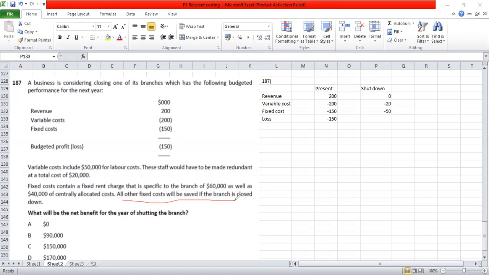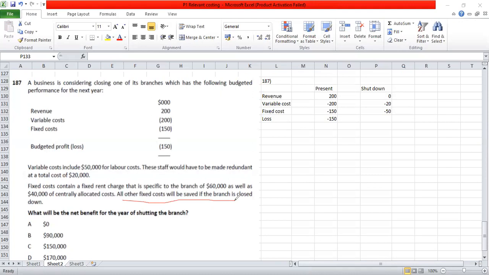All other fixed cost except the fixed rent charge and the centrally allocated costs. So these things will not be incurred, no? 60 plus 40 is 100. Out of fixed cost, 100 is incurred or it is not incurred?